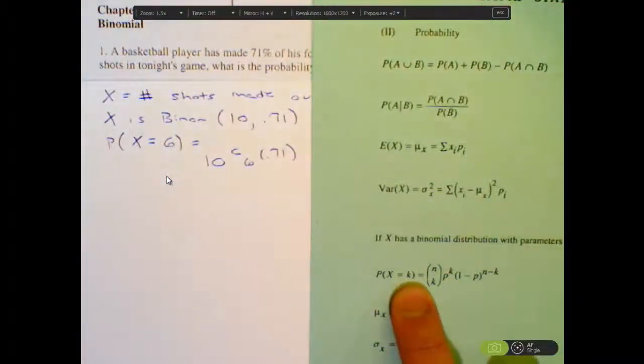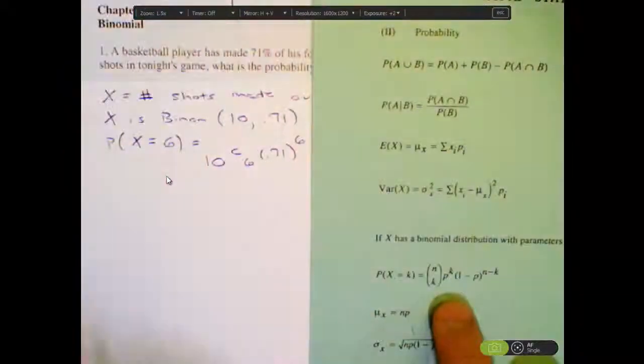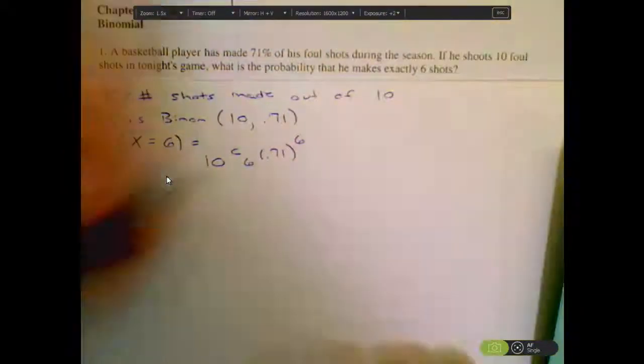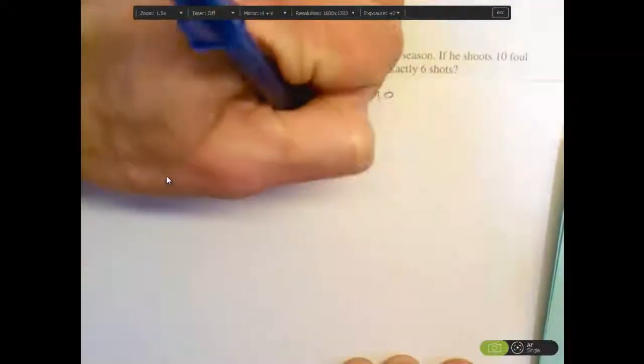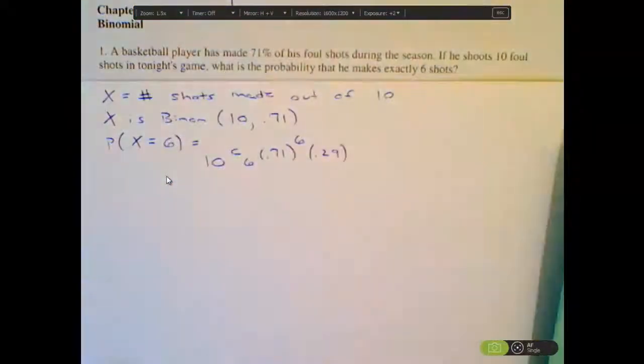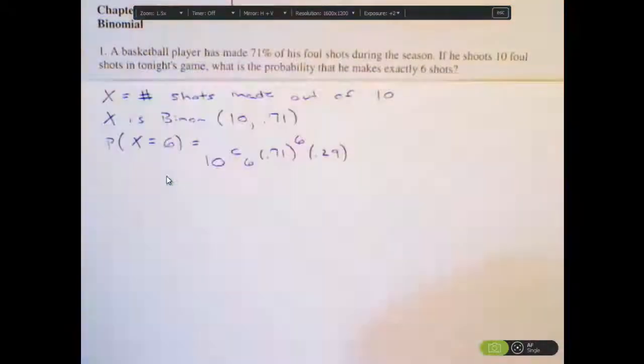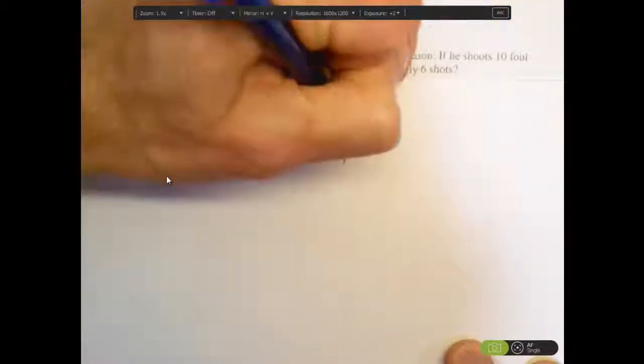K is how many successes, so in this case, 6. 1 minus p, that's going to be 1 minus 0.71, which is 0.29. And the exponent is n minus k. N is the number of trials, 10. K is the number of successes, 6. 10 minus 6 is 4.